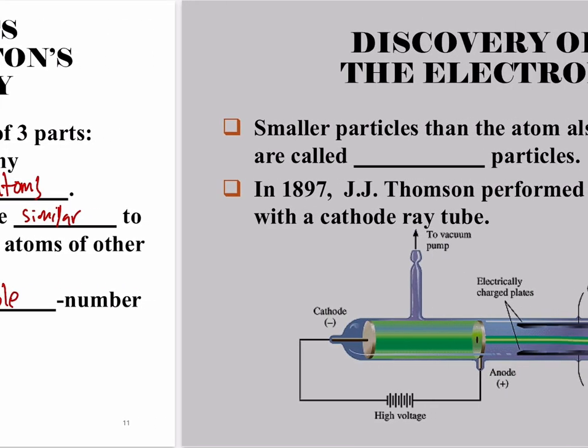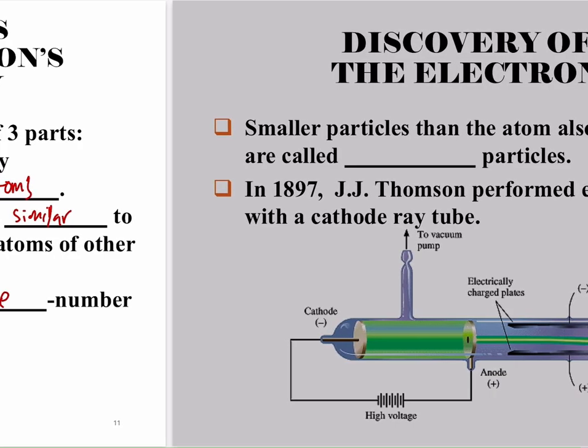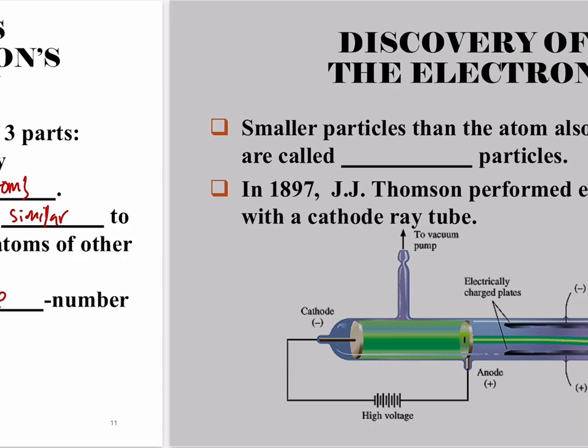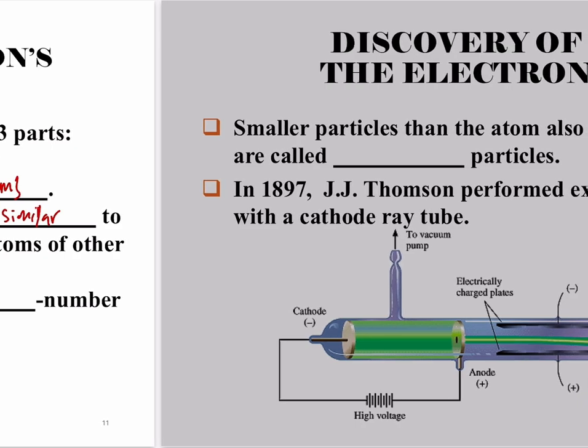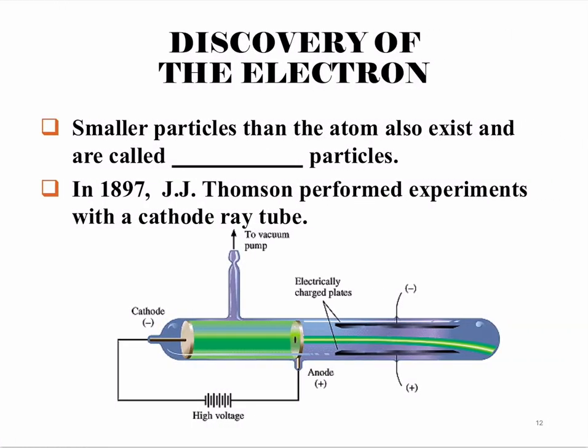So as science does, time progresses, new information, new experiments are developed to then modify existing theories, to build upon and get a more complete picture of what's actually going on, right? So the first discovery was by a guy named J.J. Thomson, who performed experiments to look at subatomic particles, right?